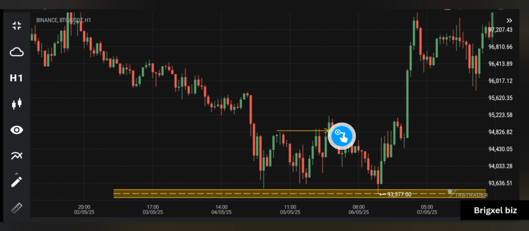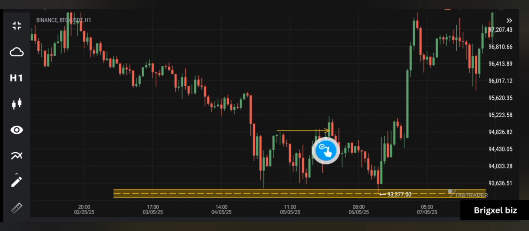It reversed. Now let's see what happened when it reversed. It reversed and intentionally went below this level right here. It went below this swing low, and also went below this swing low right here, to grab all the liquidity seen around this zone and this zone. So this is what we call a liquidity sweep.